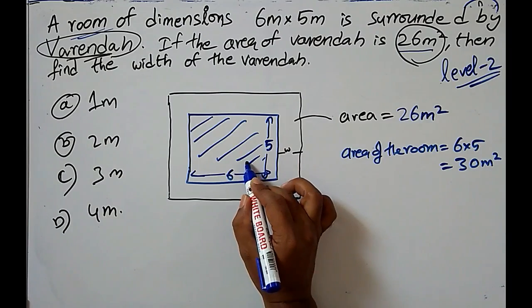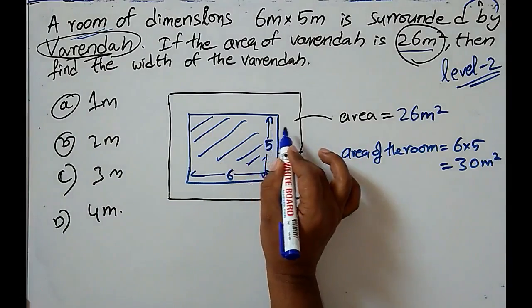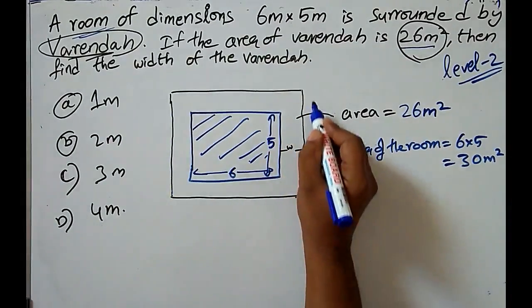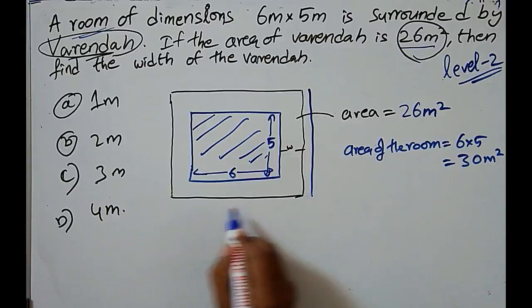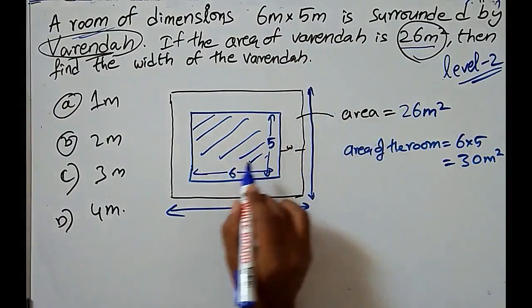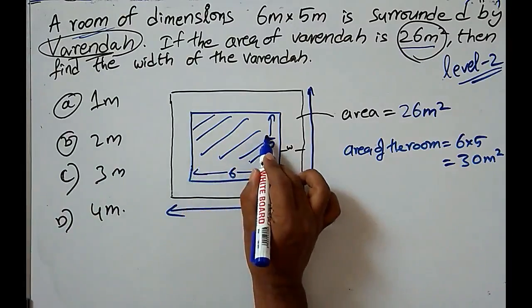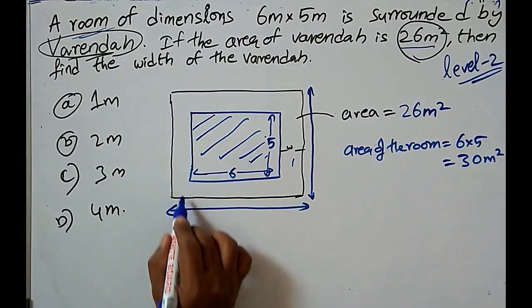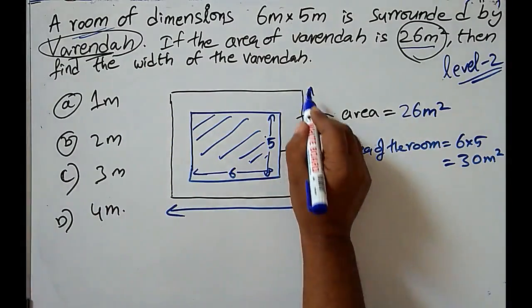So by adding the area of the room and the area of the veranda, we can get the area of the outer rectangle.